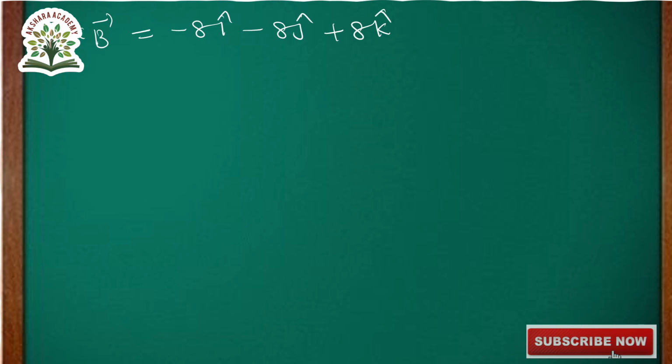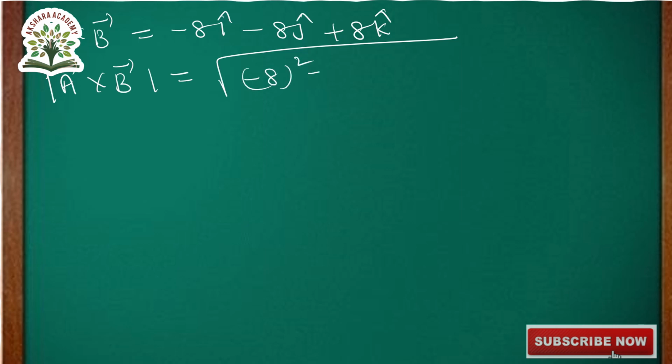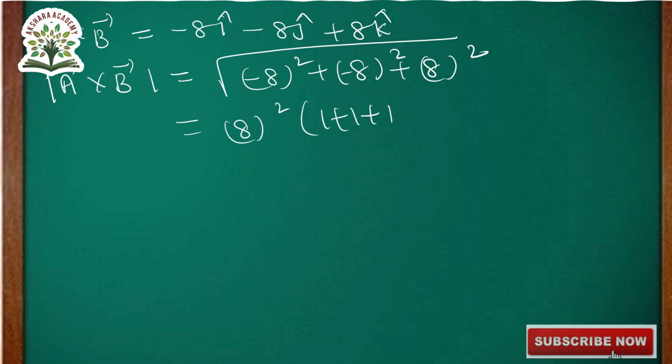Now we are finding the modulus of a bar cross b bar, which is equal to the square root of i component whole square plus j component whole square plus k component whole square. Here minus 8 whole square, here also minus 8 whole square, and here also 8 whole square. So now we are taking 8 whole square as common, 1 plus 1 plus 1, all under a root.